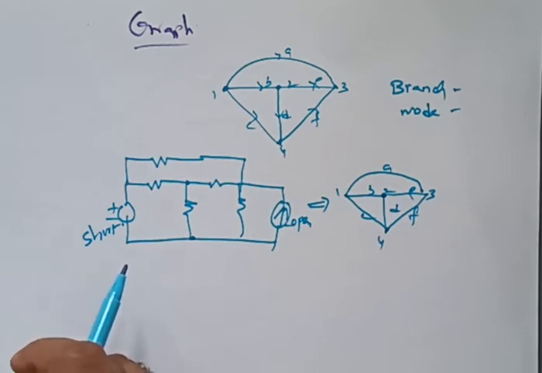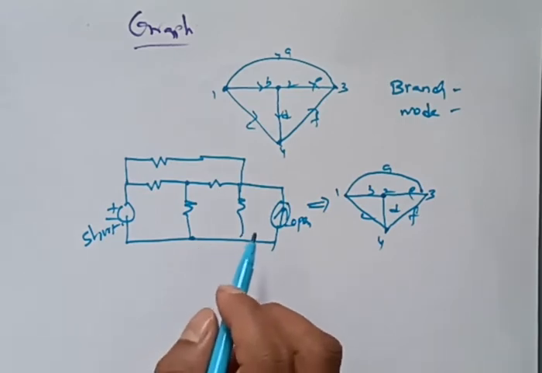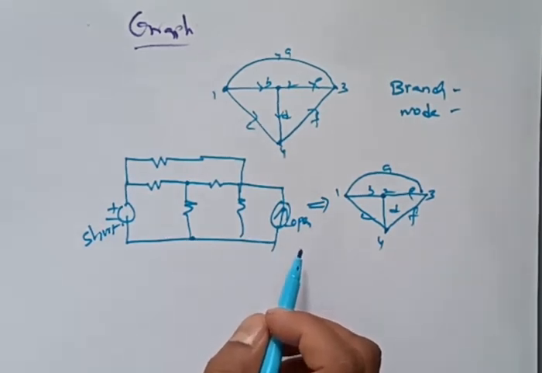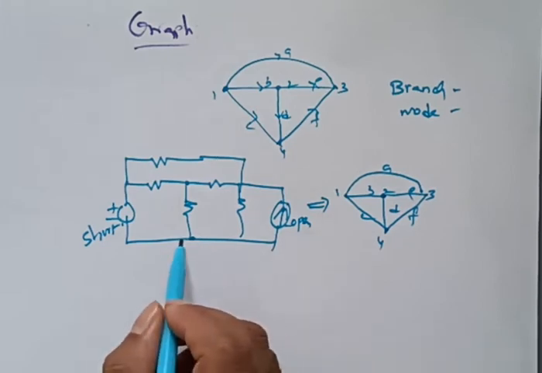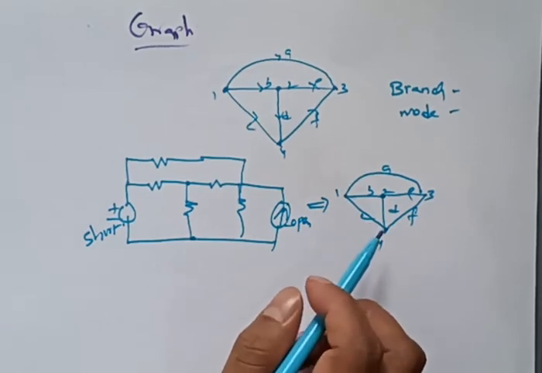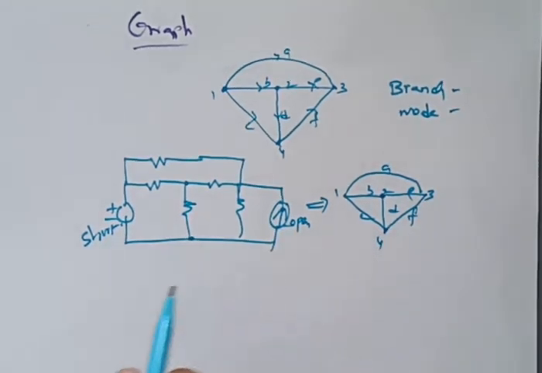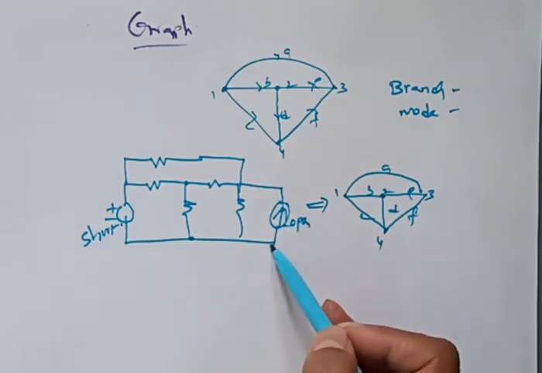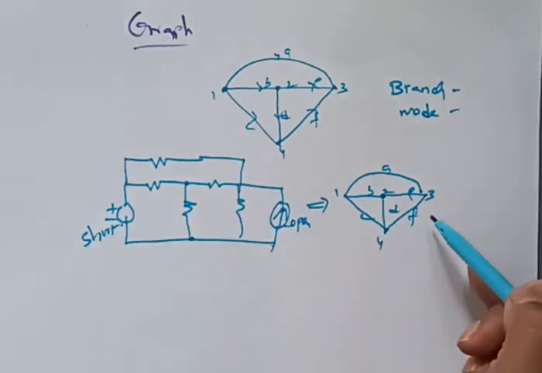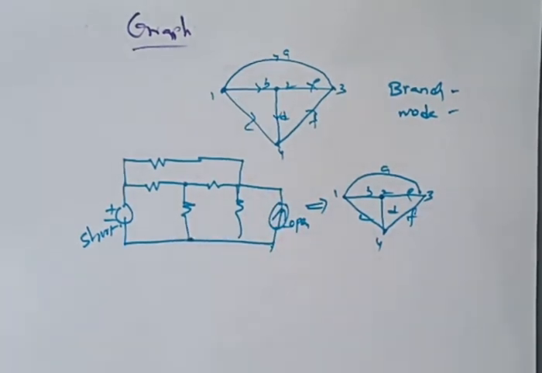From this example we conclude that the number of nodes in a graph equals the number of nodes in the electric circuit. The number of branches in the graph is less than or equal to the number of branches in the electric circuit, because the current source is a branch in the network but does not show in the graph.